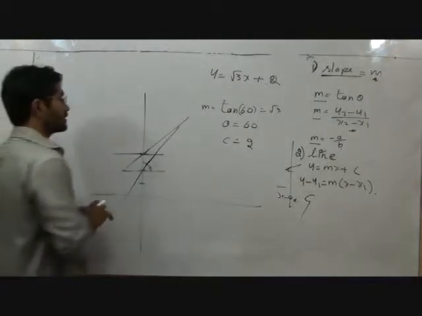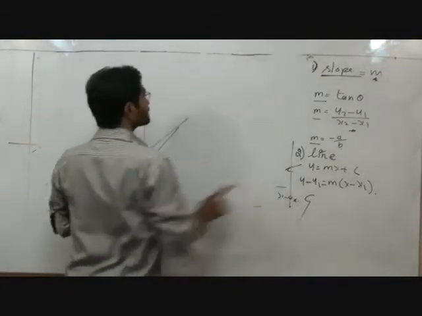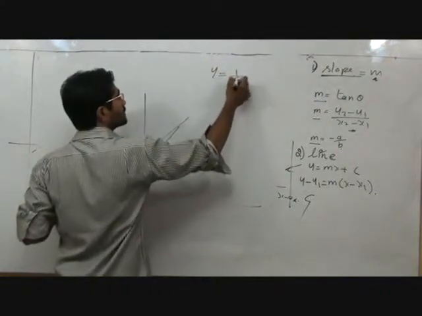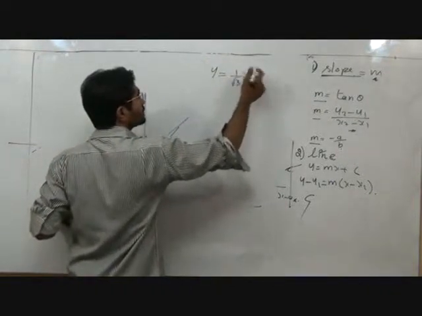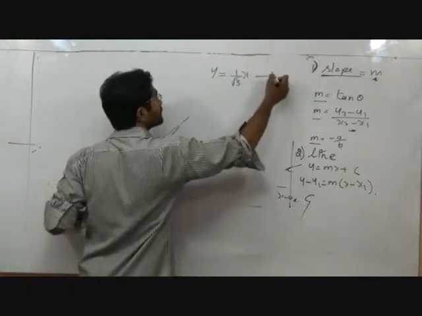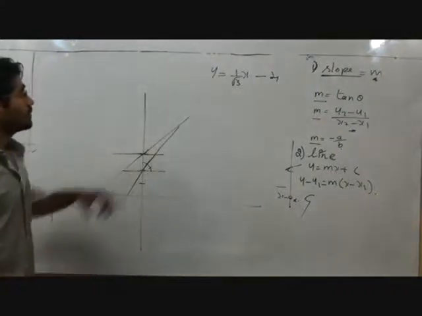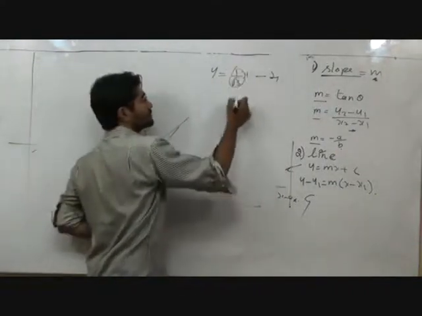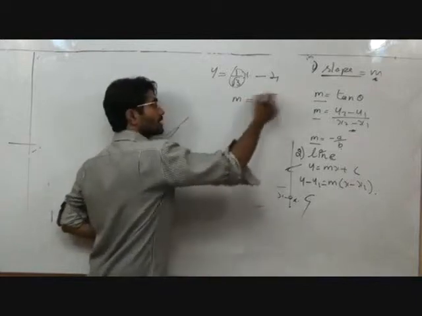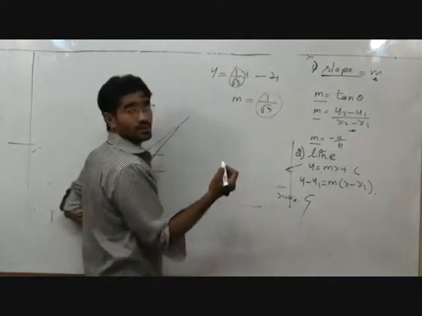These are the two lines. If I take another line, let us say y is equal to 1 by root 3 x minus 4. So what is the slope? M is 1 by root 3. Then what is the angle?